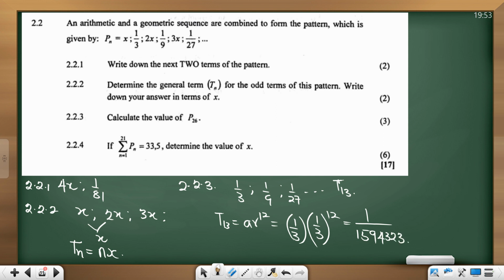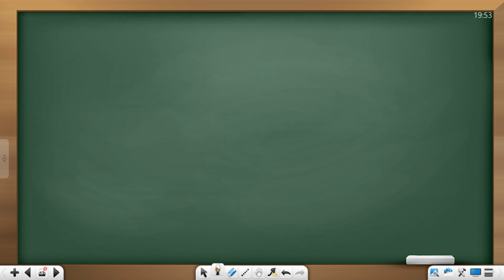Okay, done there. So 2.2.4. The sigma notation, the total is how many terms? How do we get the number of terms? Top minus bottom plus 1. That entire thing is 21 terms.